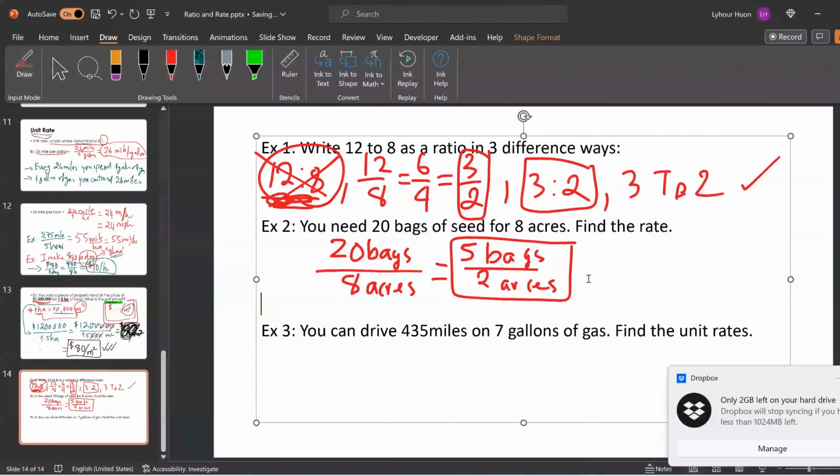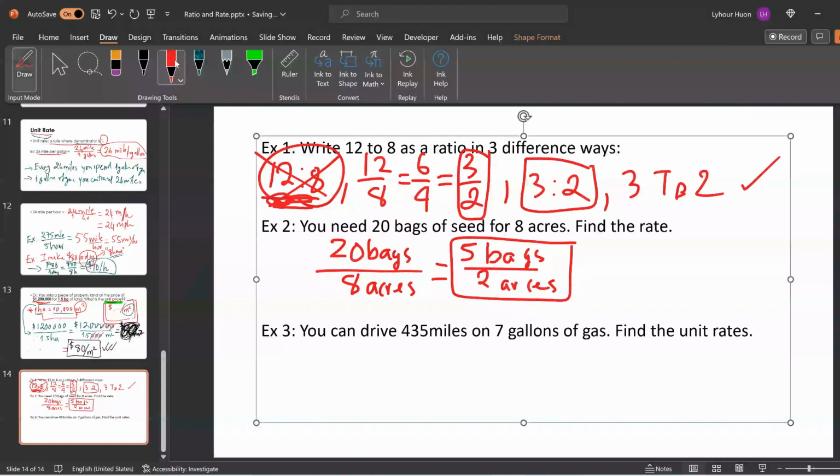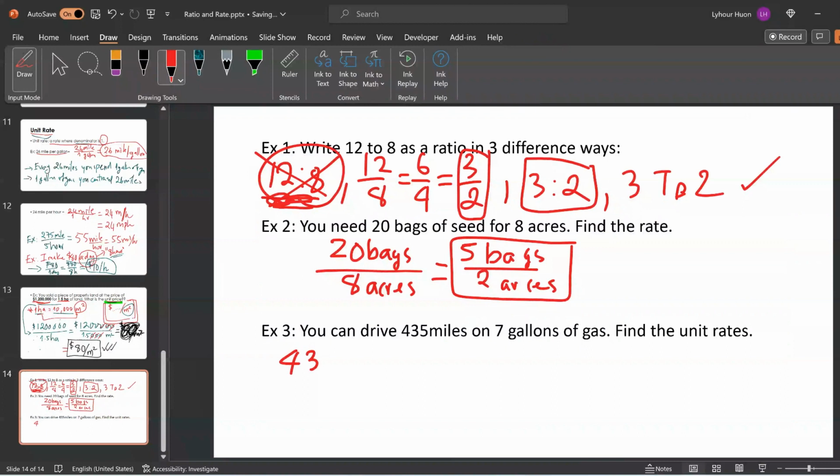435 miles over 7 gallons of gas. Now, to find the unit rate, we convert from the rate.